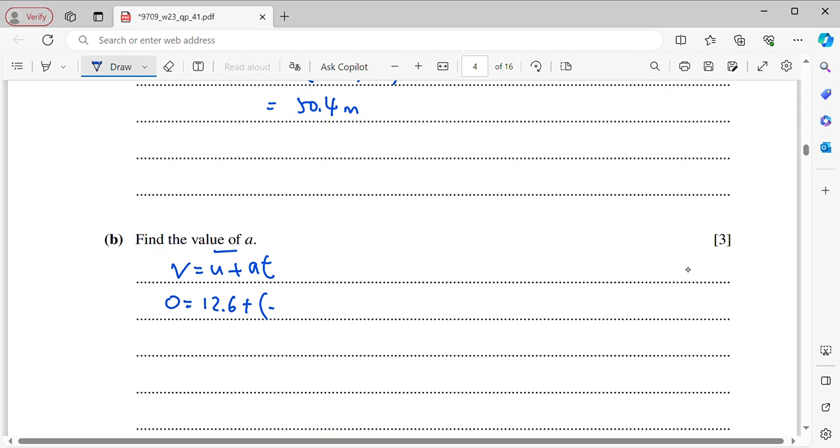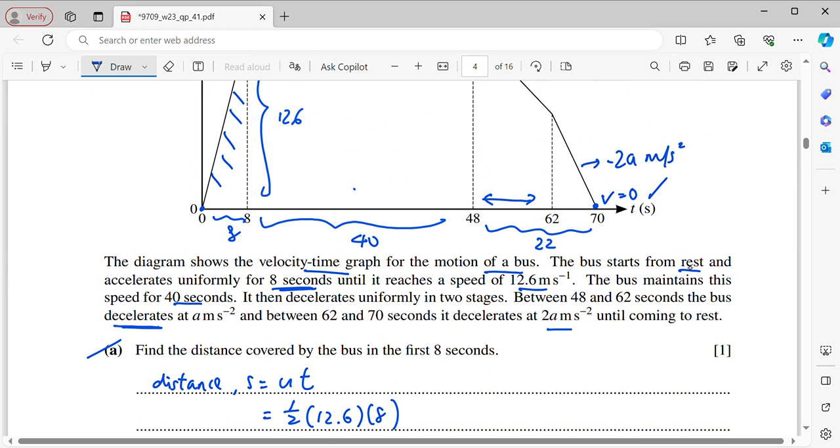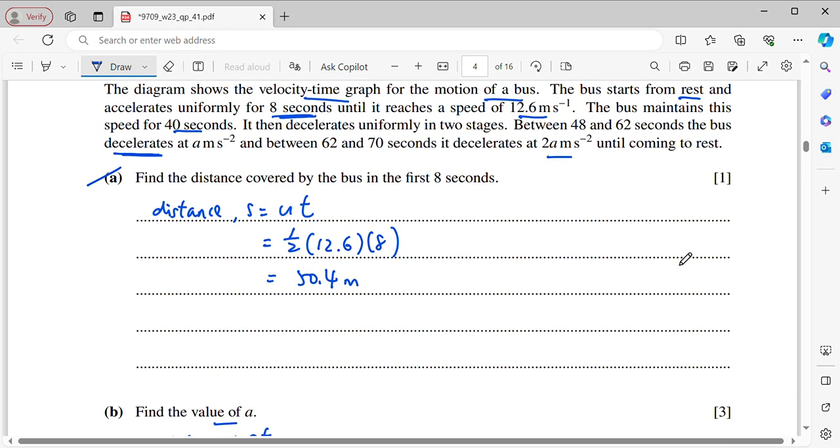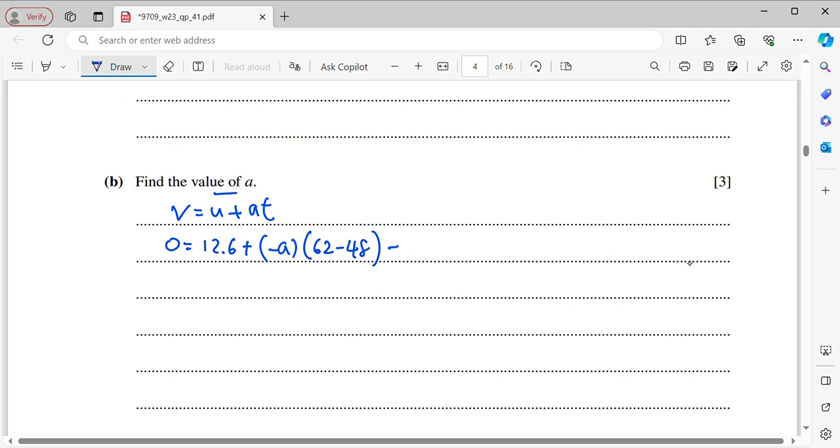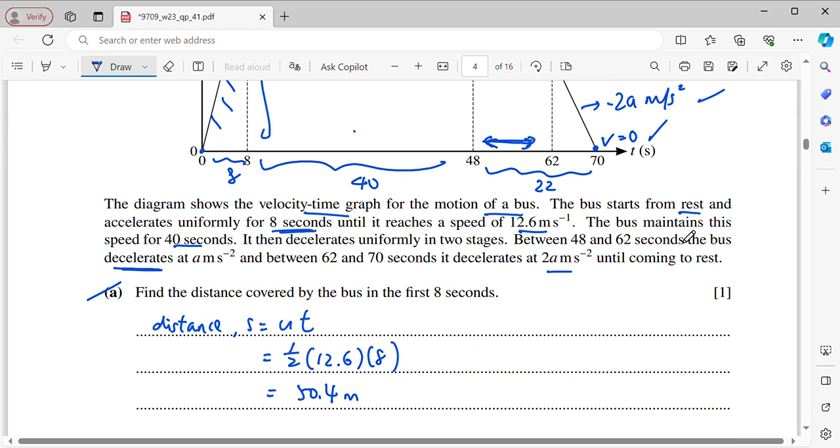So I will write negative a, with time 62 minus 48, and then the other one is minus 2a, with time 70 minus 62.